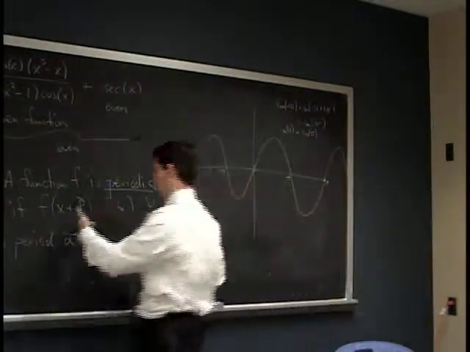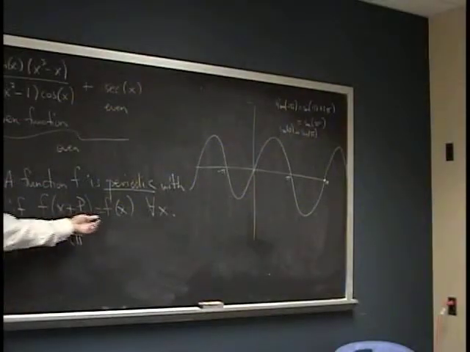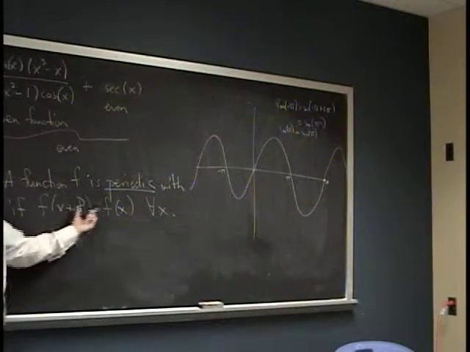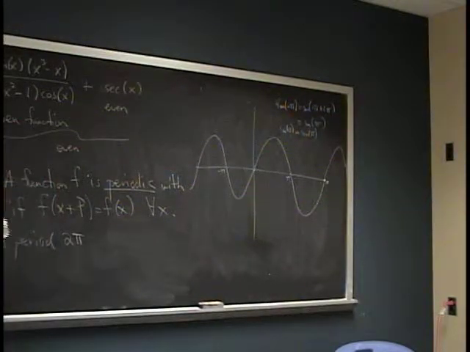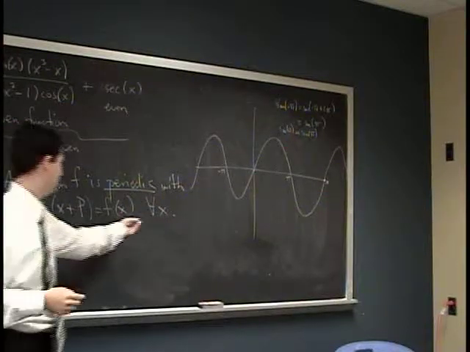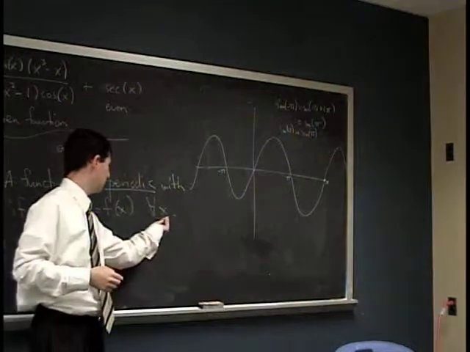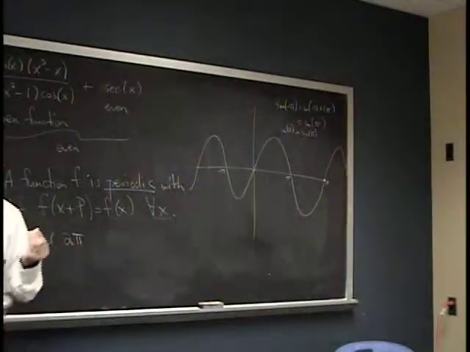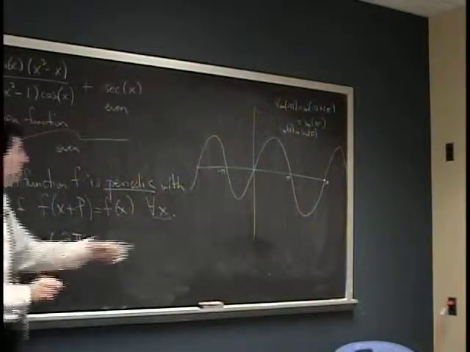But with this definition here, isn't this all I'm requiring? That f of x plus b equals f of x? Shouldn't that tell me that the period is pi? What's the key? Well, the key is the very last bit: for all x. It works at 0.